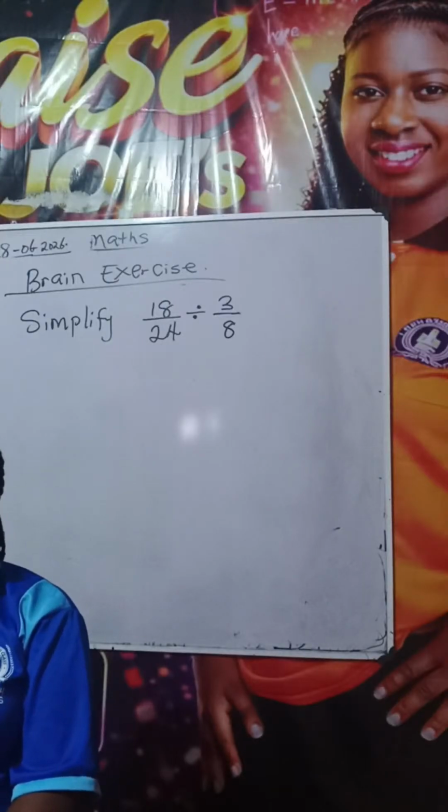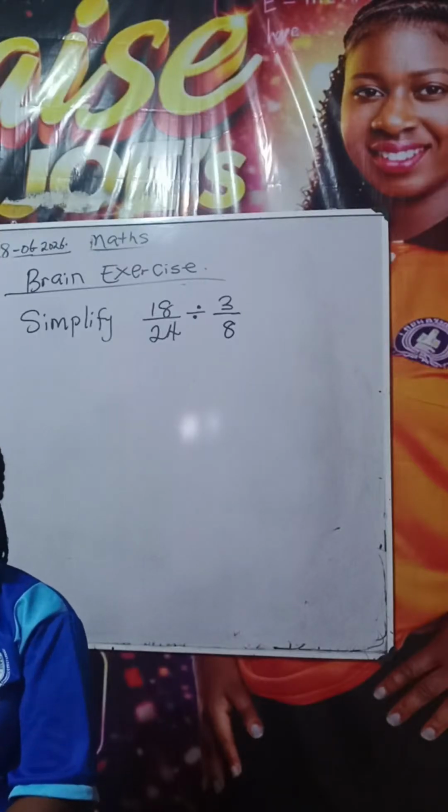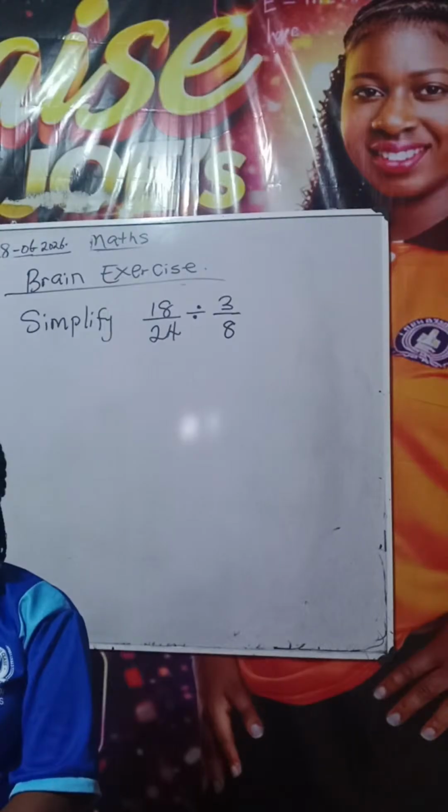So looking at the question on the board, Angel, for example, you're asked to solve this question. How are you going to solve it? What is your answer? Where are you going to start from? That is how we call it brain exercise. You first try them before we do it together. You first work it out.